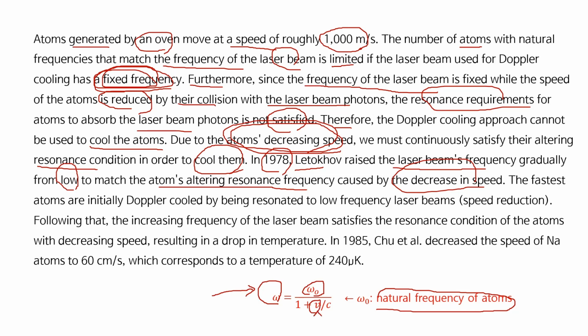If the speed of the atom is decreased, then we have to use laser light with a higher frequency. So he raised the laser beam's frequency gradually from low to match the atom's altering resonance frequency caused by the decrease in speed. When the atom's speed is decreasing, we have to use laser light with a higher frequency to match the atom's resonance frequency at a decreasing speed.